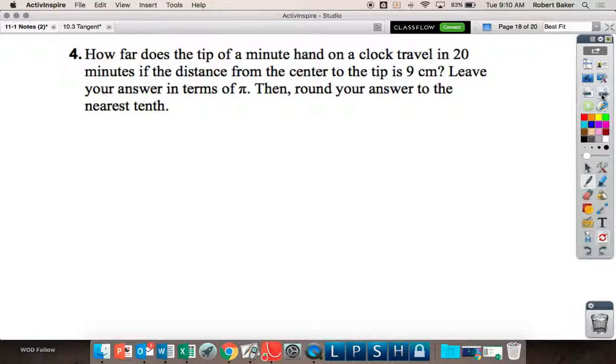So it says, how far does the tip of a minute hand on a clock travel in minutes if the distance from the center to the tip is 9 centimeters? Leave your answer in terms of pi.